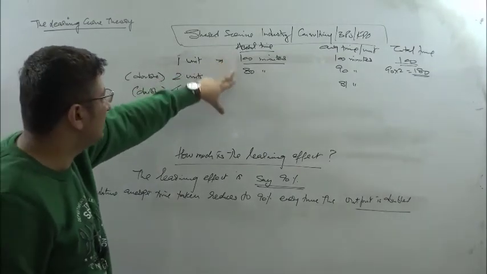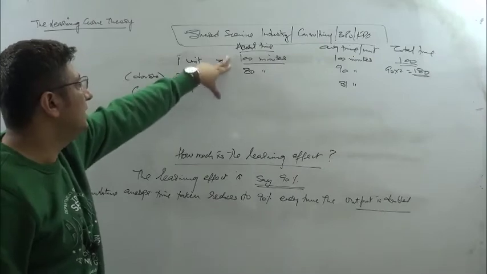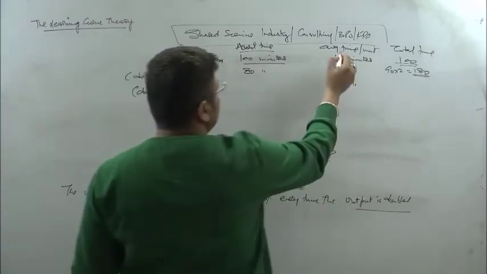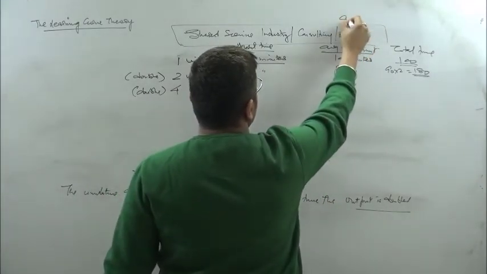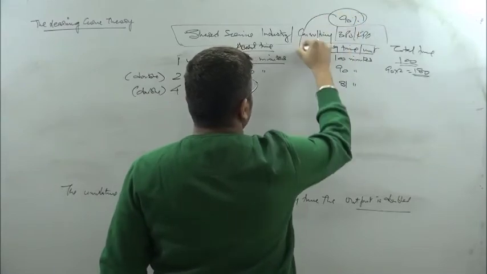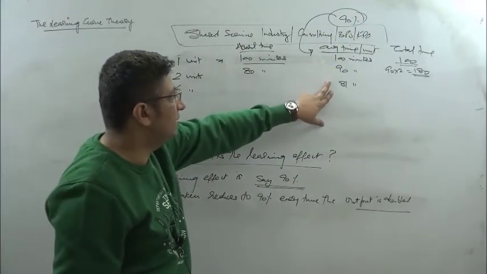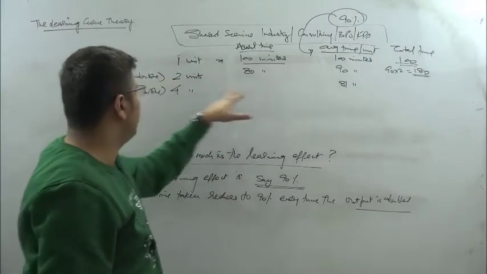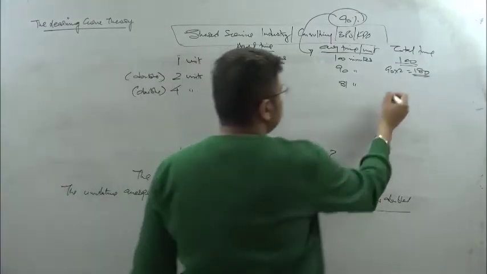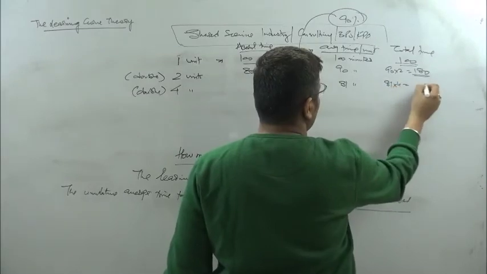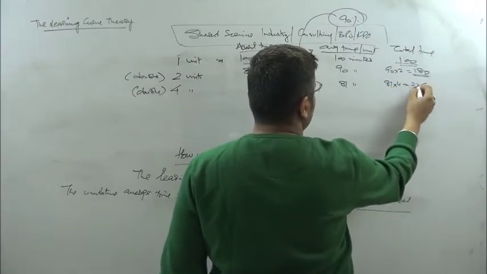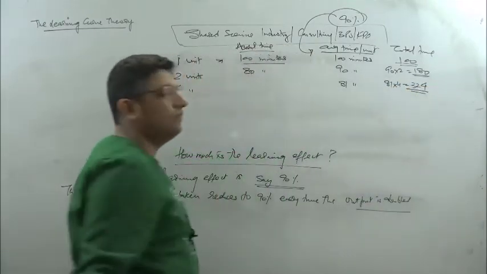So I would not worry about this; it is purely on the basis of calculations. I'm looking at the learning curve effect as 90% here with respect to the time given, which for example means if I go to an average time of 81 minutes per unit for 4 units, this becomes 81 times 4, that would be 324.